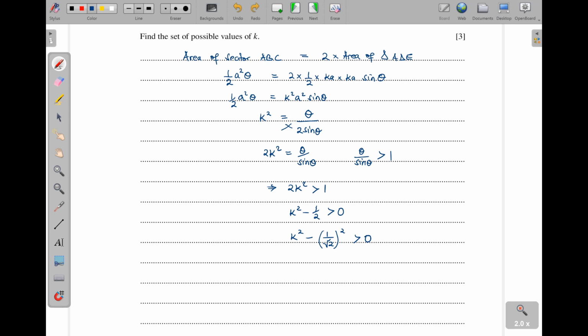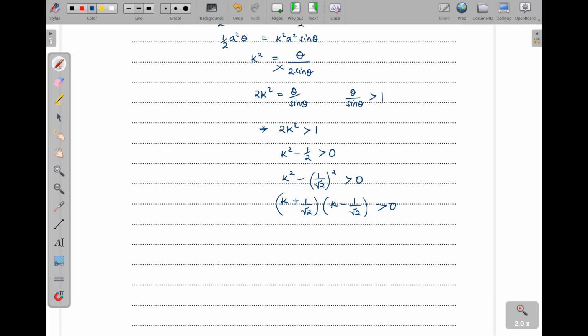And then this can be k plus 1 over root 2 times k minus 1 over root 2, I'm now factorizing. So of course, when I equate this to 0, I'll get negative 1 over root of 2, and then positive 1 over root of 2.